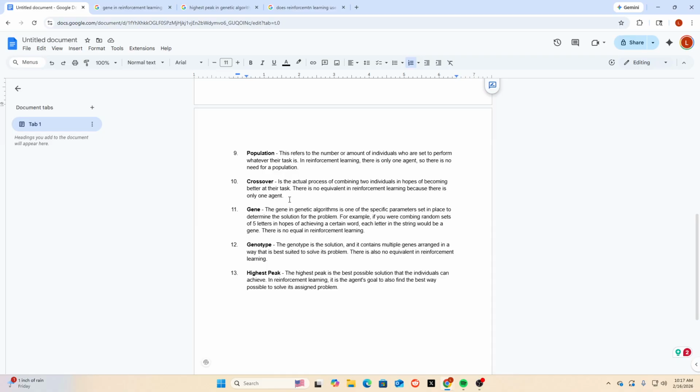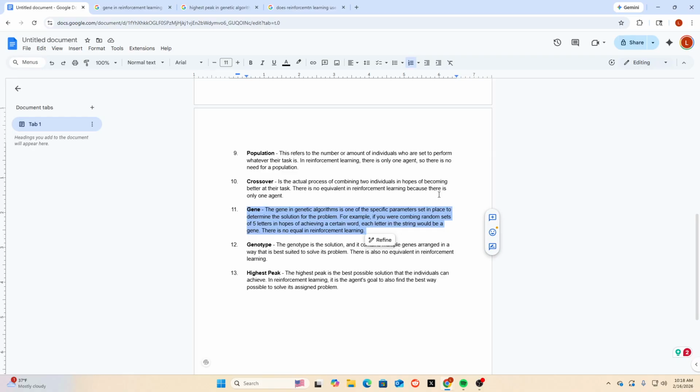And then crossover. This is whenever they take two individuals and cross them over in hopes that they can achieve a better score in their next run. This is like the main thing with genetic algorithms, breeding and crossing over and combining the individuals. And then a gene is one specific byte of data that the individual holds.